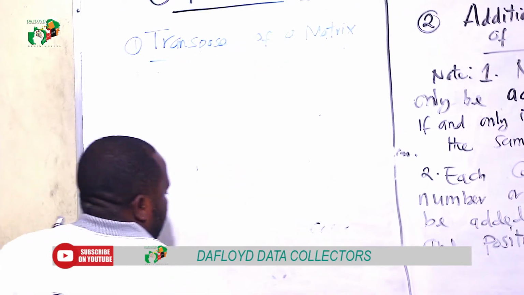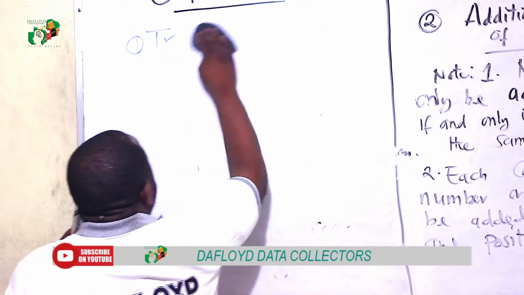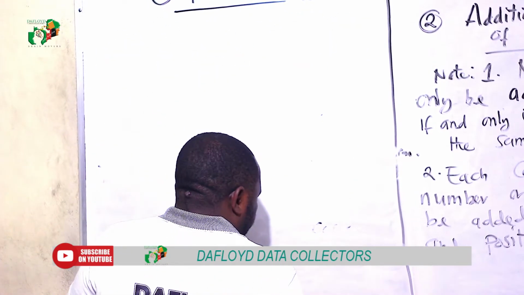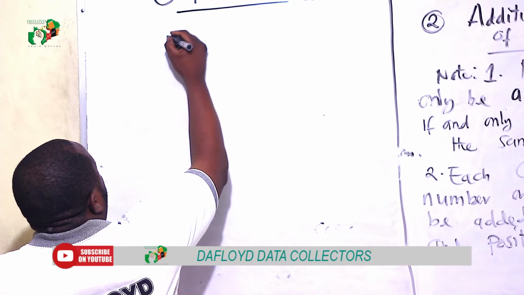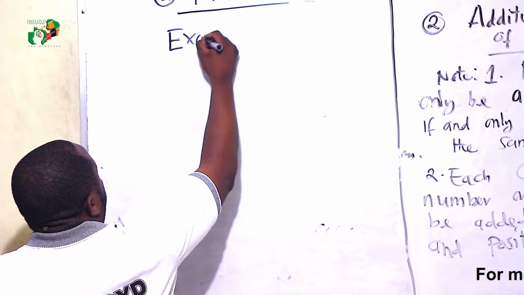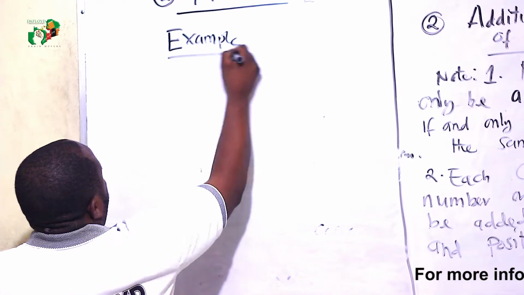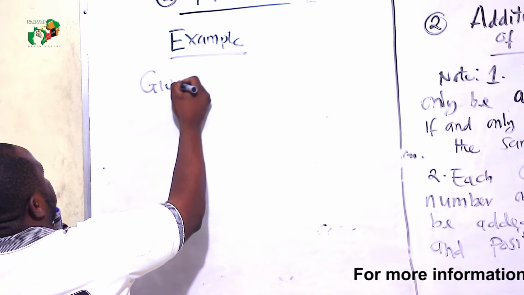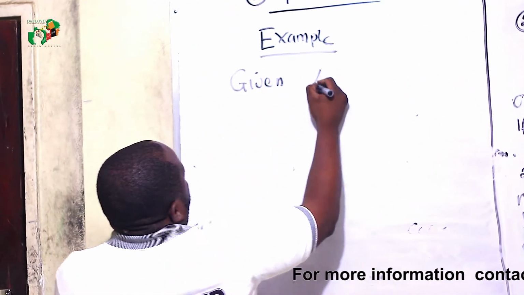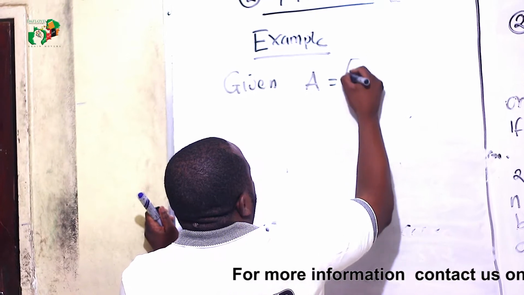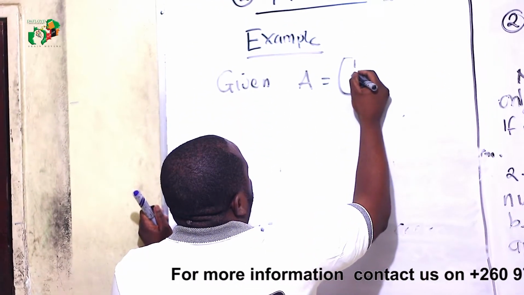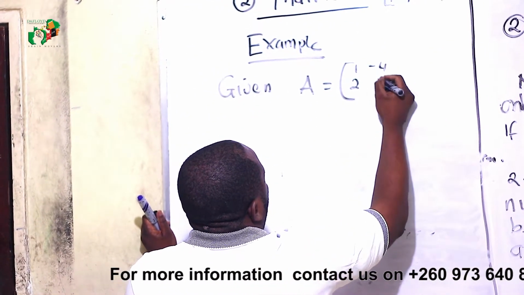Example, addition. Given matrix A is equal to 1, 2, -4, 0.